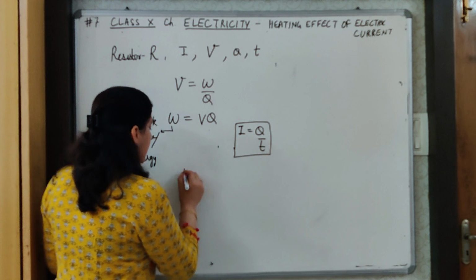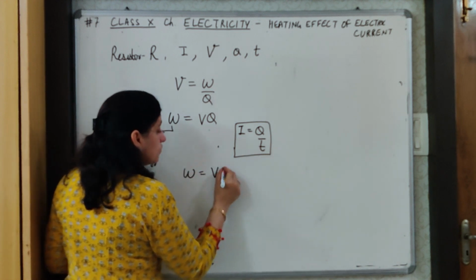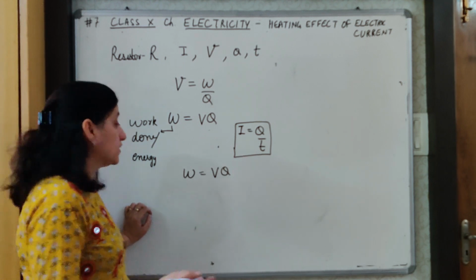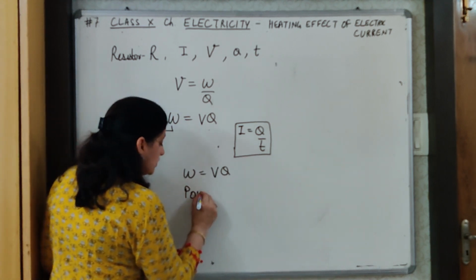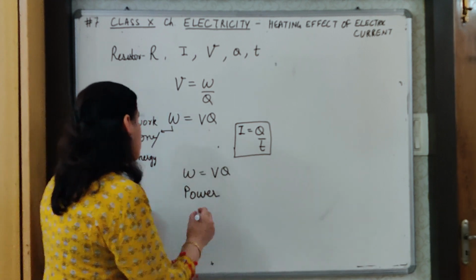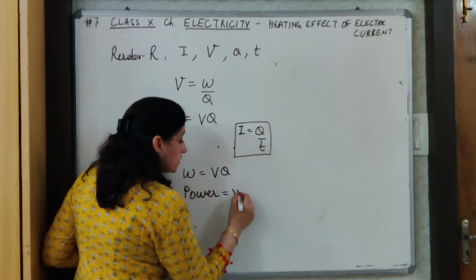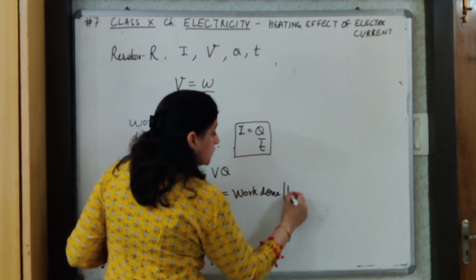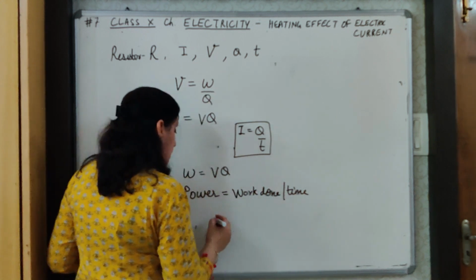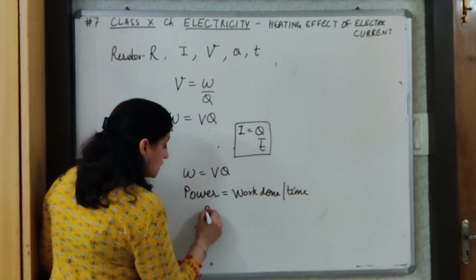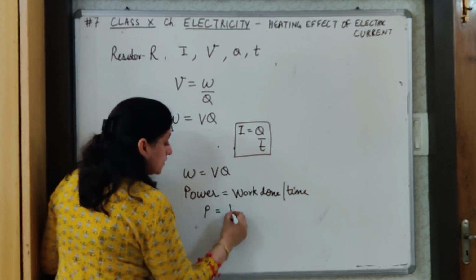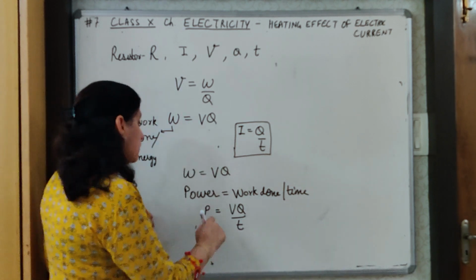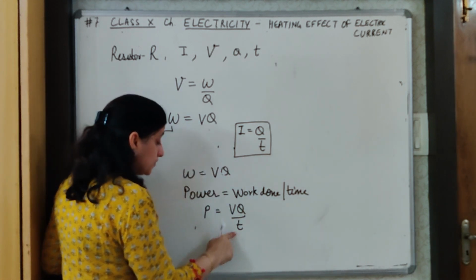Alright. So if I have work done equal to VQ, we know that power is equal to work done per unit time, because we are here concerned with the power consumed. Power is equal to work done per unit time. Now the power consumed will be VQ upon time.